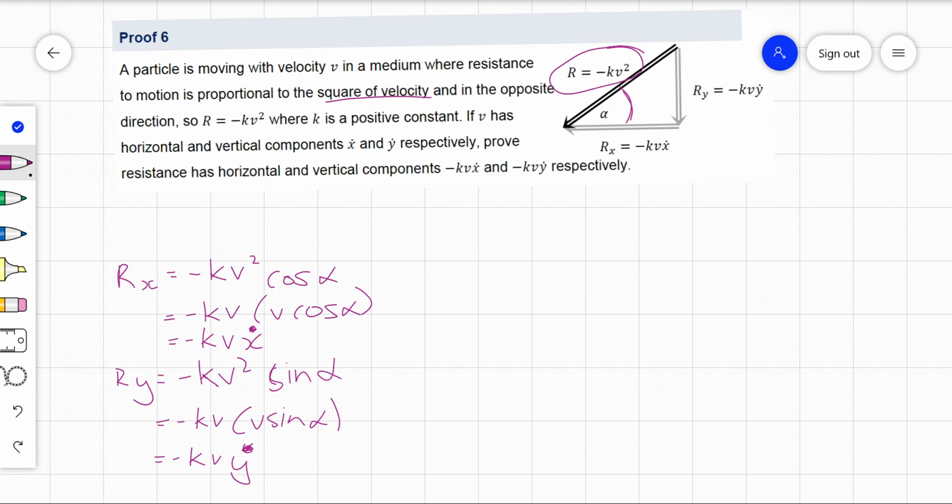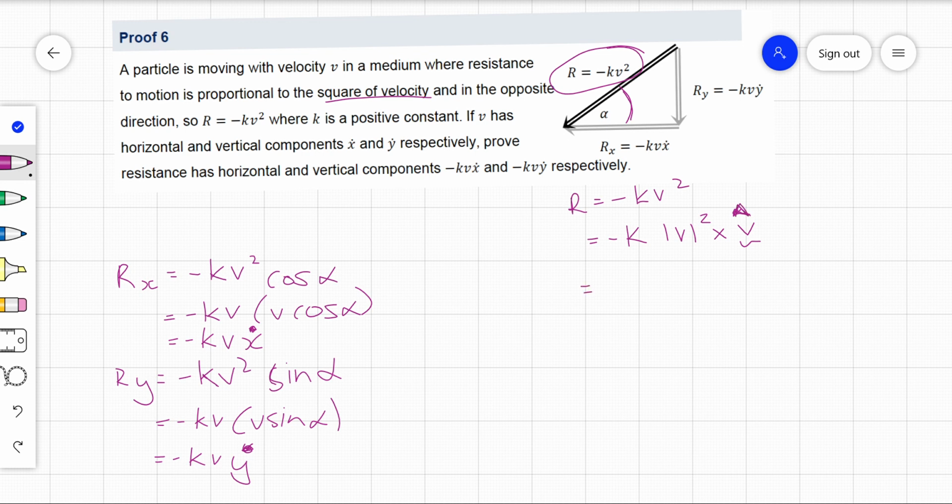Also, if we again used vectors to split these up, we've got minus kv squared. This is a little more involved. Remember that the velocity vector, we can take the magnitude of it and then times it by the unit vector. So v squared is just the unit vector times the v squared magnitude.